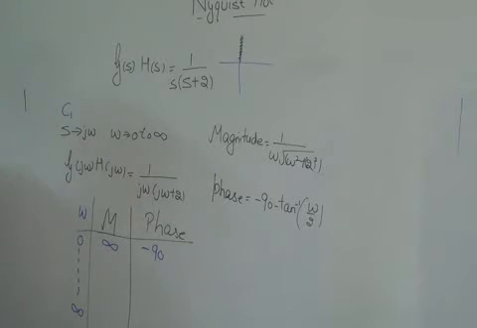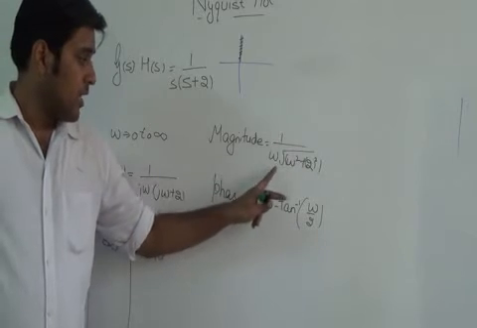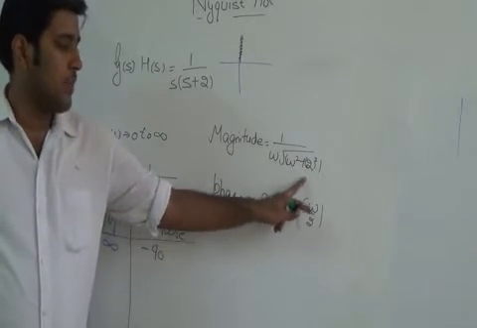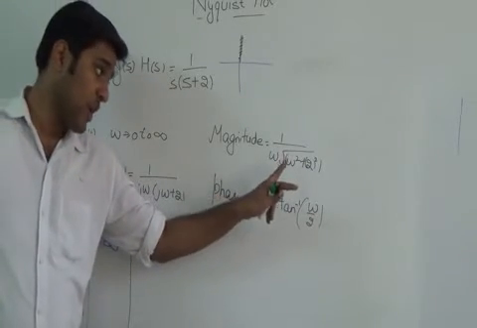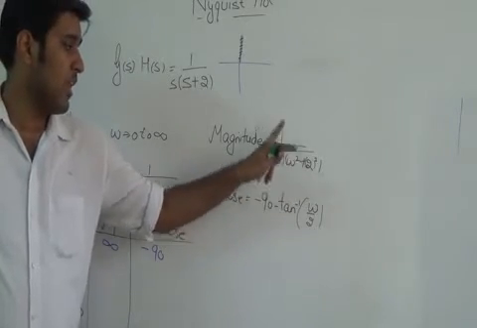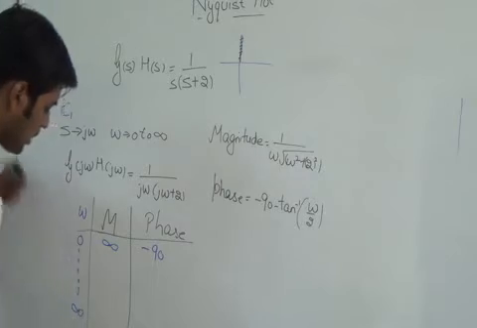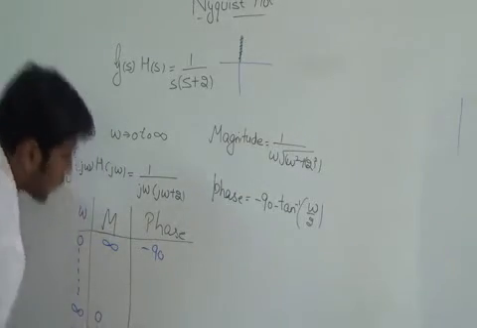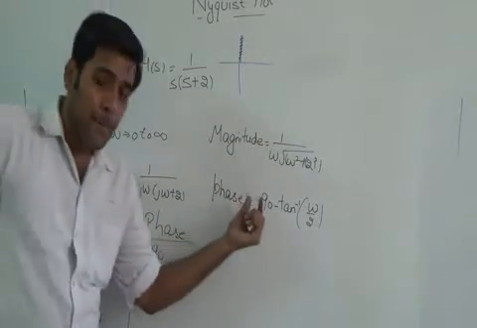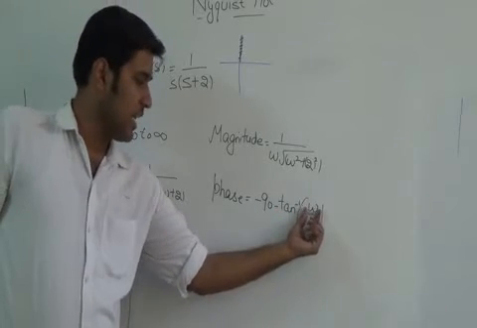For infinity, magnitude will be 1 by infinity times root of infinity square plus something. That will come out to be infinity square. 1 by infinity square comes out to be 0. So magnitude is 0. Angle is minus 90 minus tan inverse infinity.